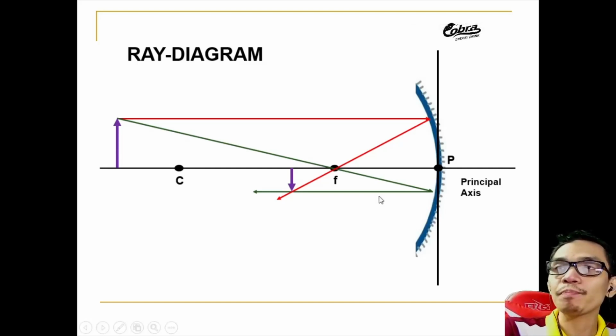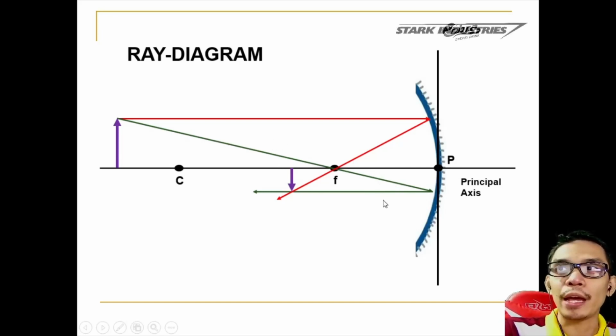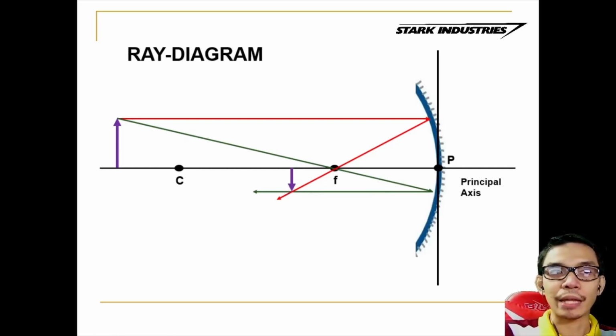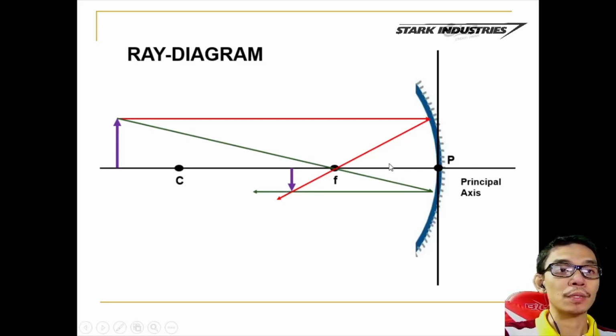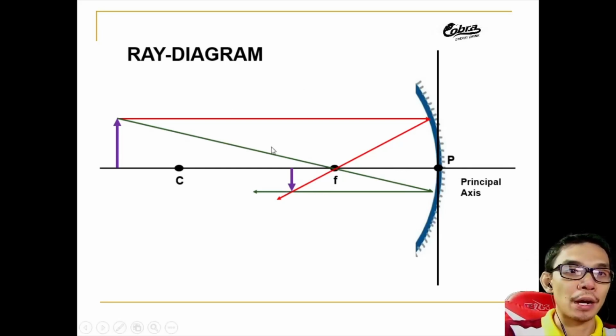It means your lines should be straight enough and precise enough to make the height of the image and the distance of the image to the mirror more accurate. It depends upon your illustration at the end of the day.